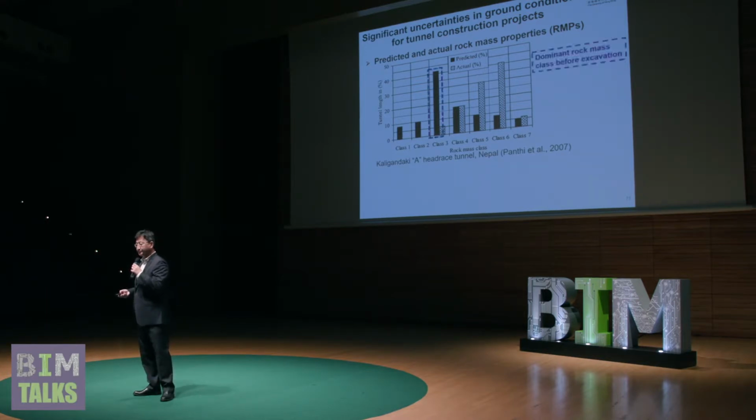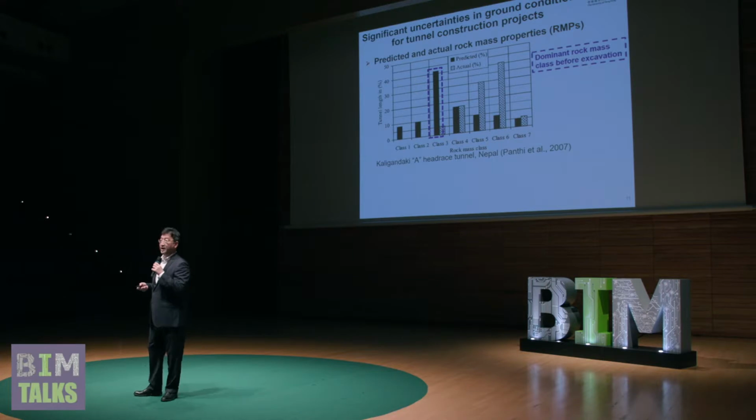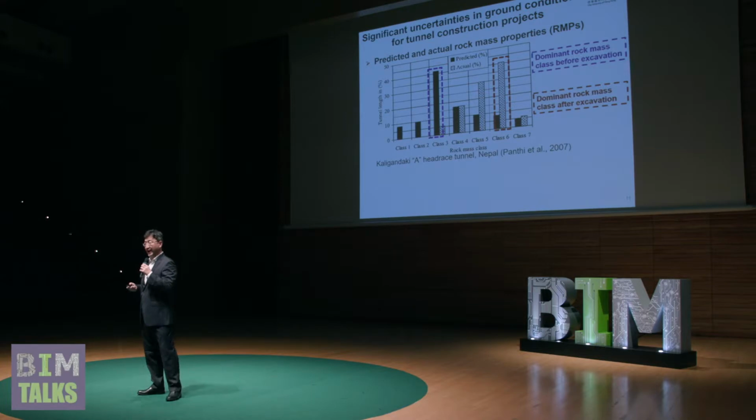Before excavation, that is, in the prediction of ground conditions, the dominant rock mass class was class 3. But after excavation, the dominant actual rock mass class was class 6. That means there is a significant difference, meaning significant uncertainties in ground conditions.